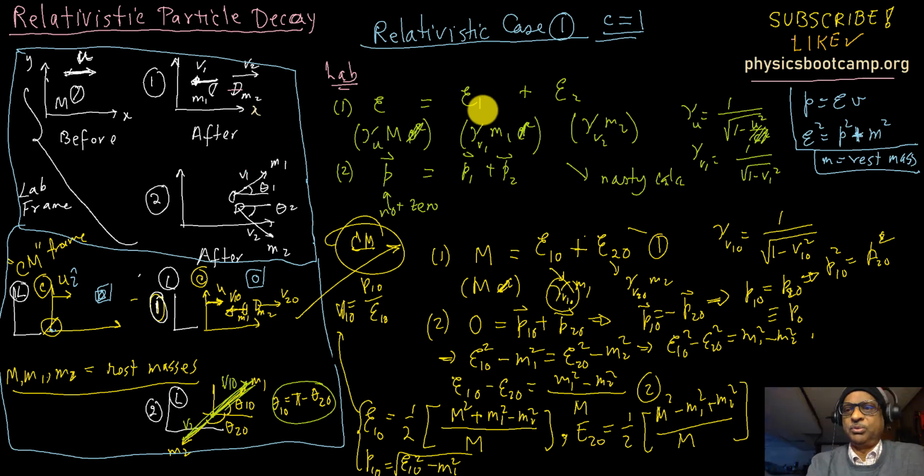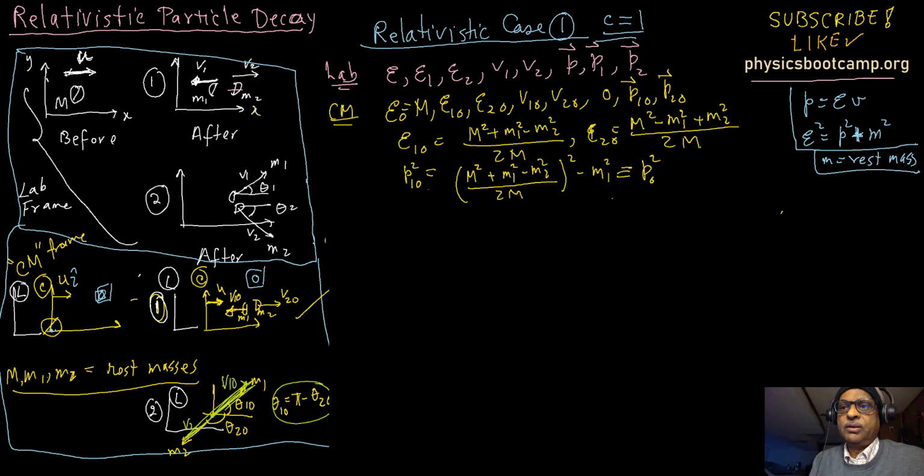Let me show you the transformation equations. Okay, so I just summarized it here. We only need one P0 because they're equal. Both of them have the same momentum. But I need P10x. I'll take a square root of this guy and I'll get a minus P0.